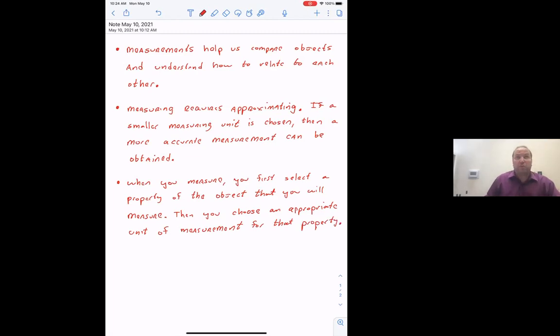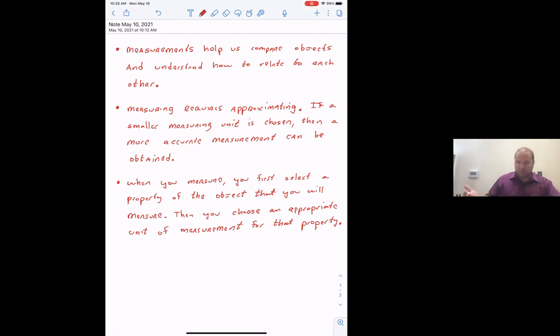So if I'm measuring the distance from the tip of this pen to the end of this pen, a length, we're not going to measure it in miles. It does not seem like an appropriate unit. I might use inches, I might use centimeters. But if I'm measuring the distance from the Earth to the sun, then inches and centimeters are no longer appropriate units. Miles might not even be the greatest unit, although we do know that it's about 93 million miles. We might use a larger unit of measurement, something more appropriate for what we're trying to measure.